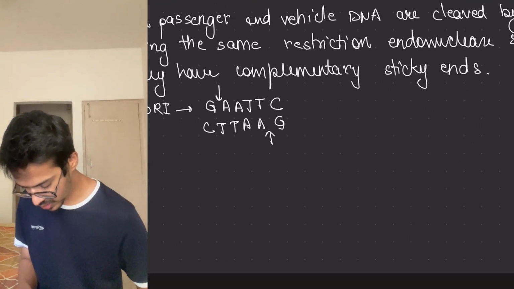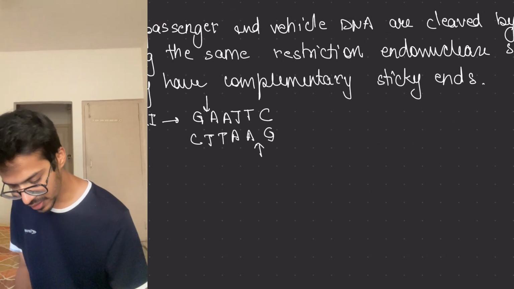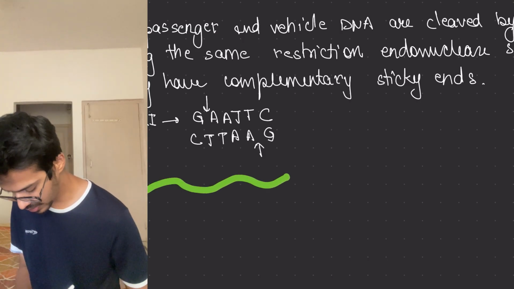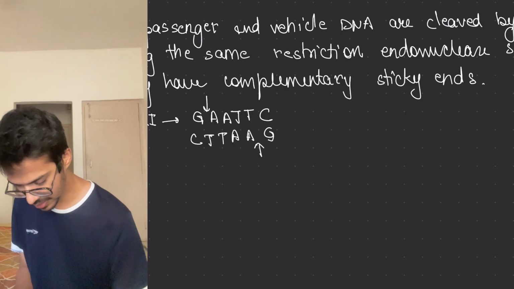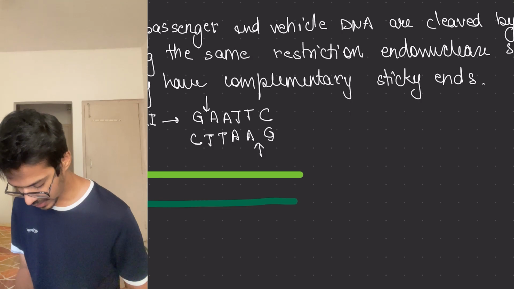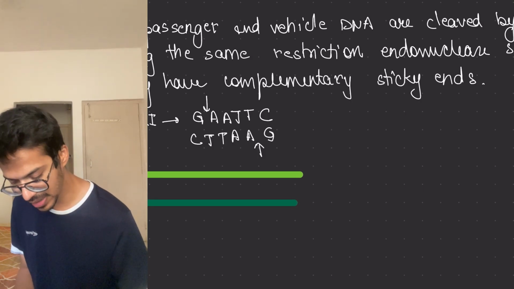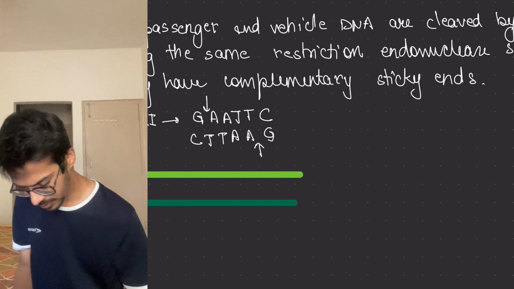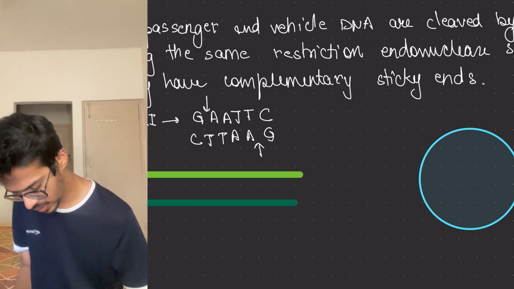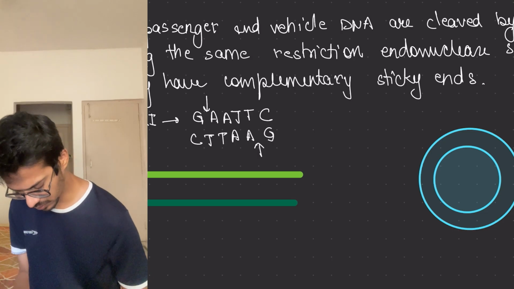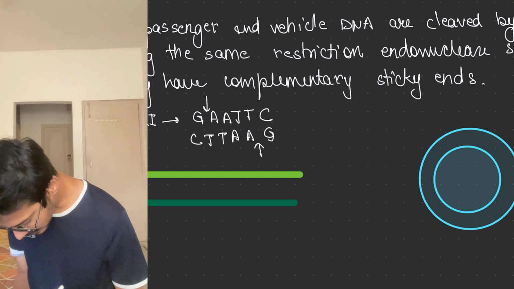First I am going to make a DNA fragment. This is the fragment, and let's make it straight, not complicated. One fragment, another DNA fragment, and simultaneously I am making a plasmid DNA also. Let's see it over here.